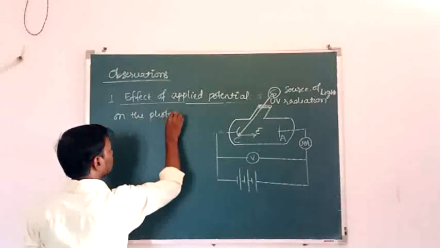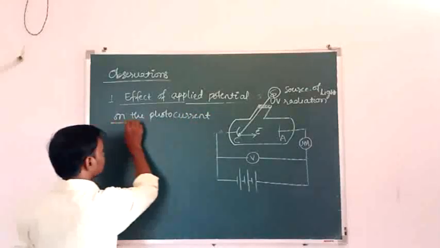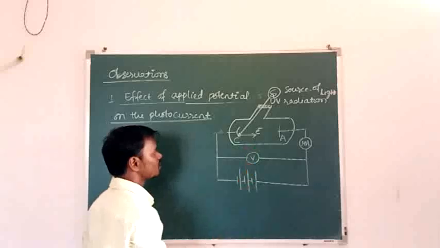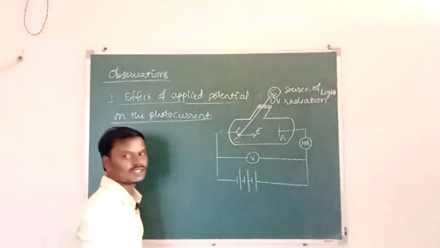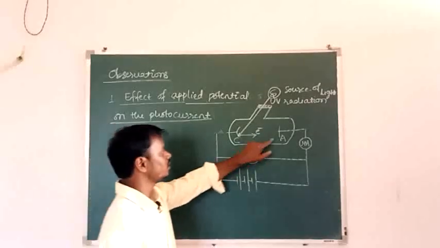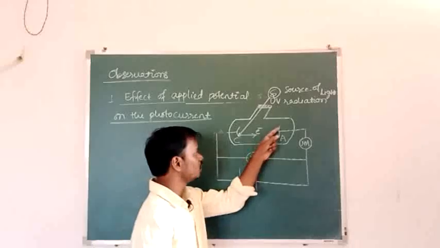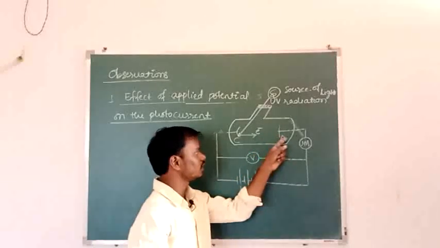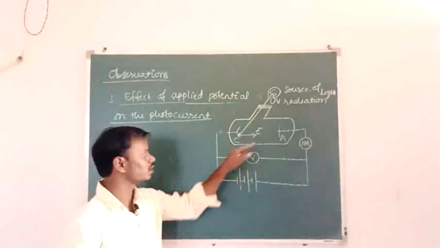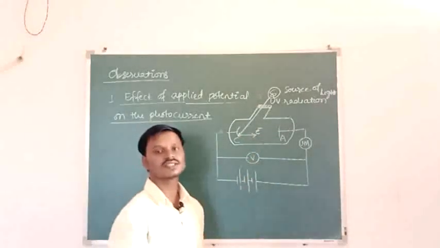So listen here, photocurrent is also called photoelectric current. This current is due to the photoelectrons which are emitted from the emitter plate, means cathode. Then see here, if we are going to increase the positive potential of the anode, then what happens? The more number of electrons are collected by the anode. If the more number of electrons are collected by the anode, then the current in the circuit becomes maximum.